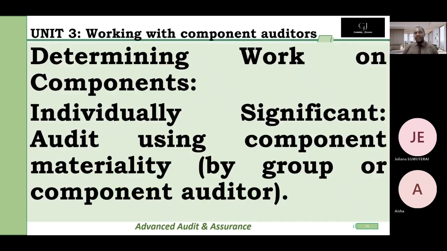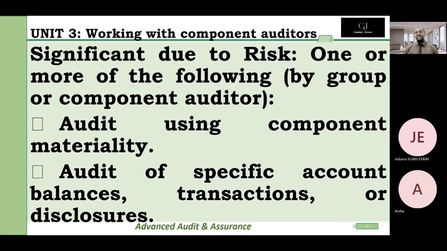Okay, so let's run. Working with component auditors, that's the group auditors and the component auditors. We need to determine the work of the components individually and as a group. So individual significant work done at the component level must be assessed and determined by the group auditor. The audit using component materiality must also be assessed due to risk.